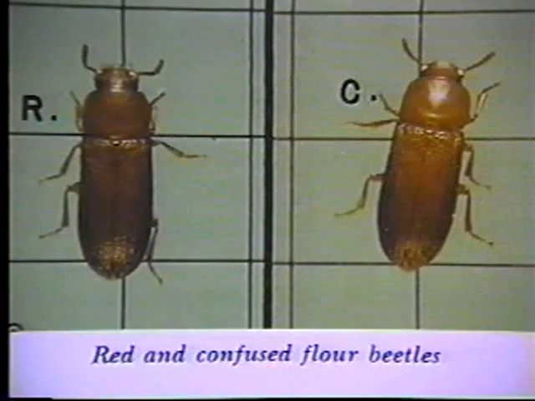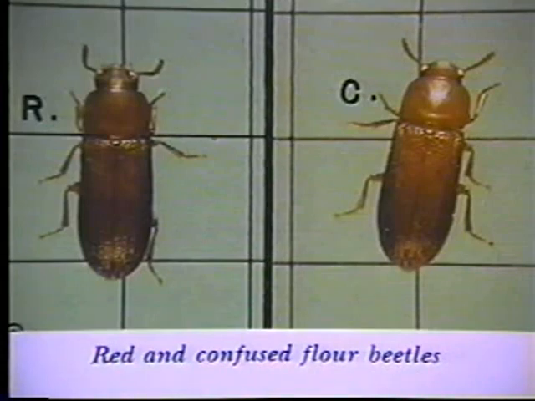Then we have several different pictorial guides of the red and confused flour beetle, red and confused flour beetle larvae. These are cream-colored, as you can see there, kind of a light brown. They feed on flour, dried pet foods, meal, macaroni, cereals, crackers, prepared cake mixes, spices, dried fruits.